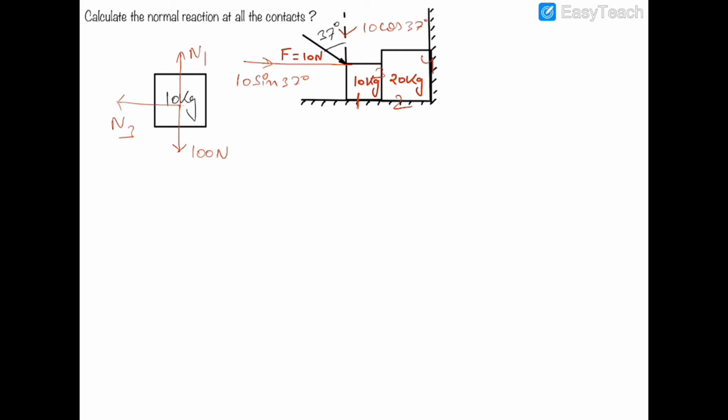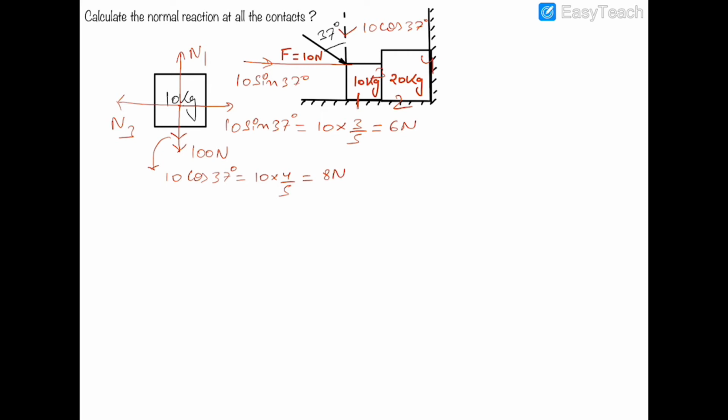So 10 sine 37, where sine 37 is 3 by 5, is equal to 6 newtons. And this one downside is equal to 10 cos 37, and cos 37 is 4 by 5, so it is 10 into 4 upon 5, which is equal to 8 newtons.